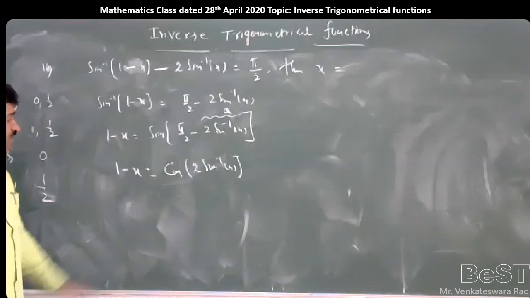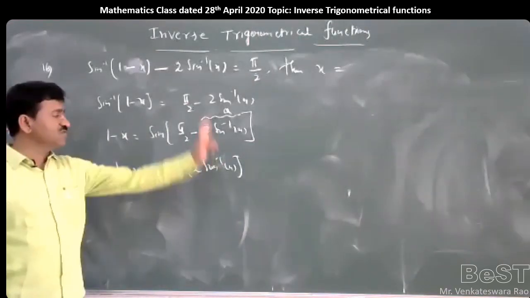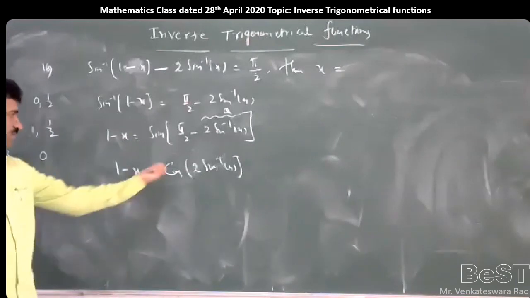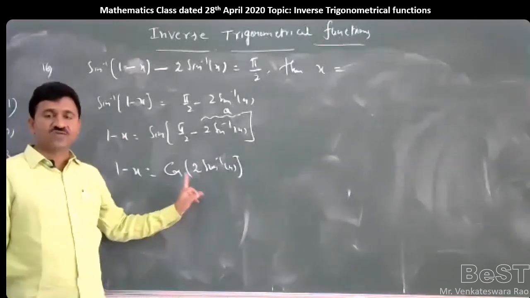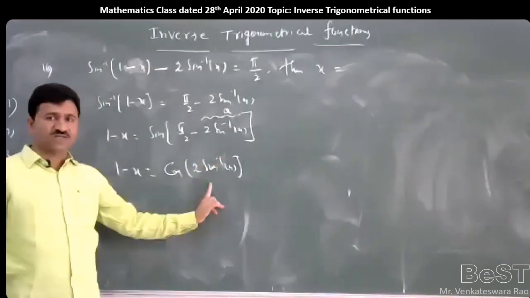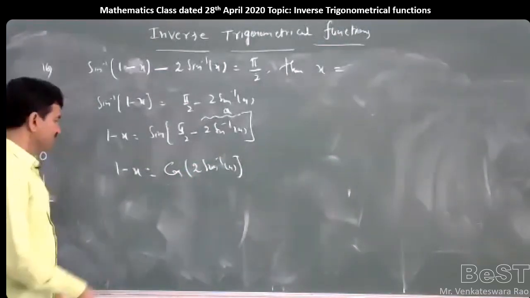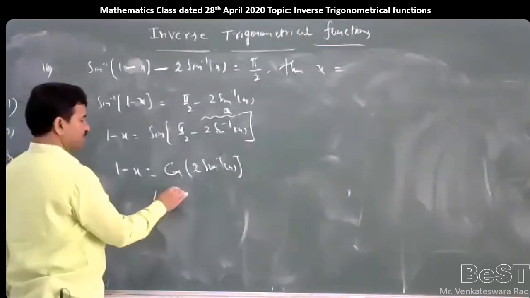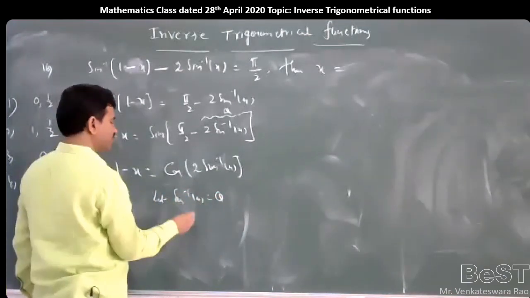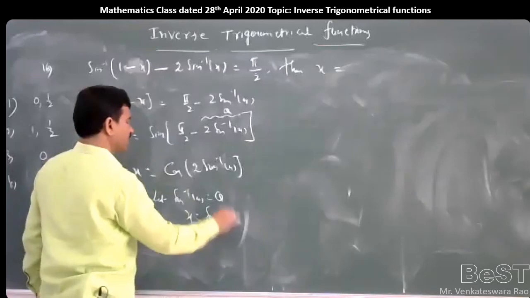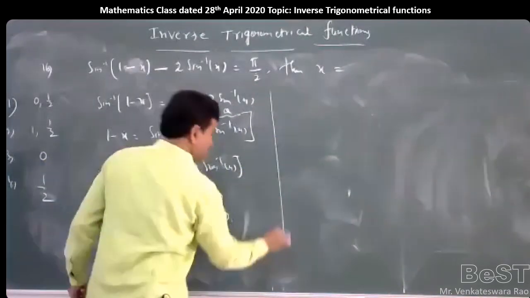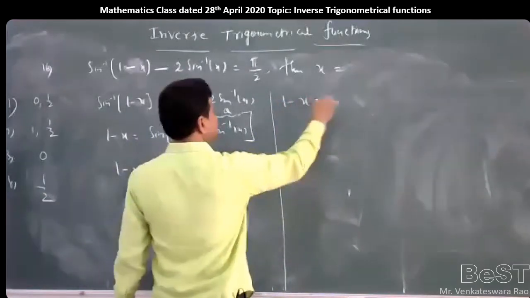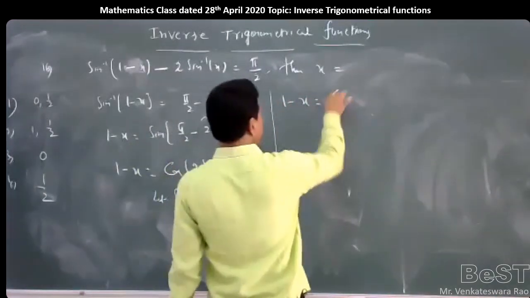So 1 minus x is equal to sine 90 minus theta, cos of 2 sine inverse of x. Now, are you getting any idea? 1 minus x is equal to cos of 2 sine inverse of x. Still functions are not eliminated to find the x value. Now listen to me. Cos 2 theta. Let sin inverse of x be equal to theta. X is equal to sin theta. So 1 minus x is equal to cos 2 theta.